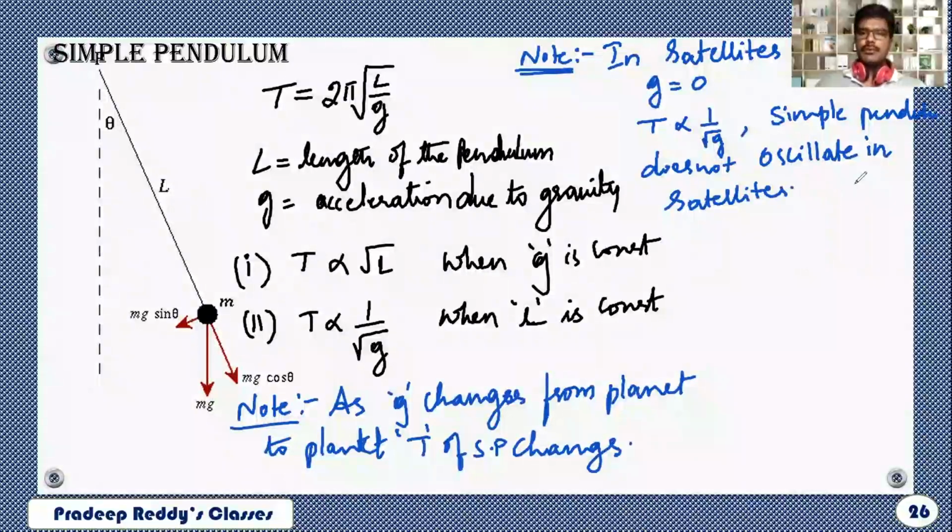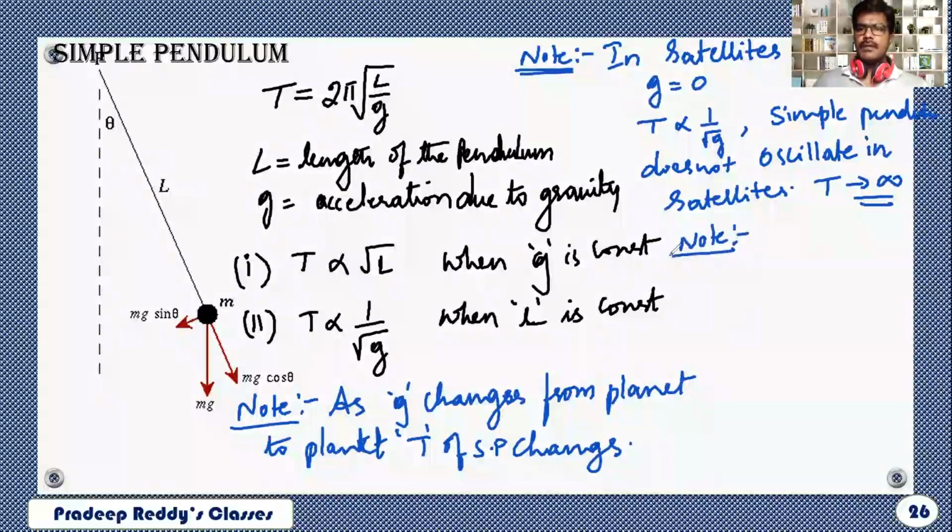So T tends to infinity here. T tends to infinity in the sense that time period is infinity. It means that pendulum will not oscillate at all. Therefore, in the satellites, simple pendulum does not undergo any oscillations. Right? Next.